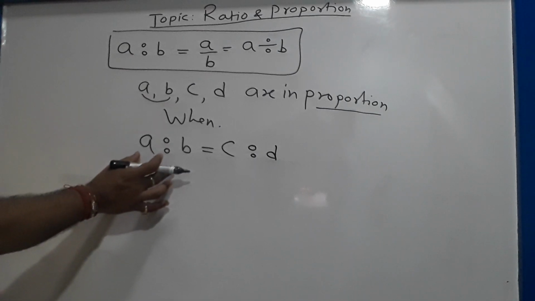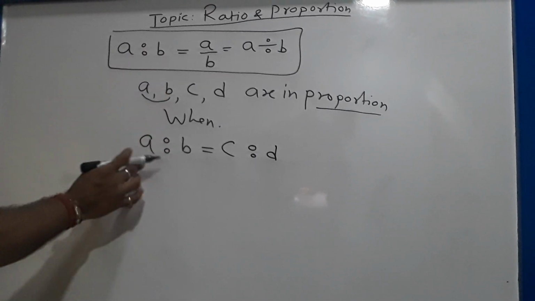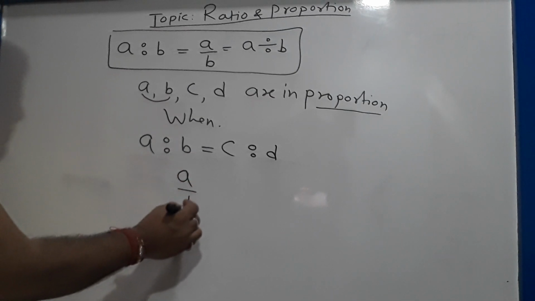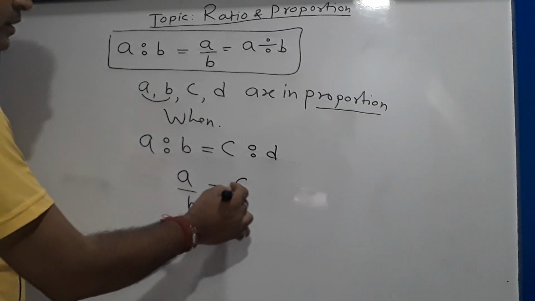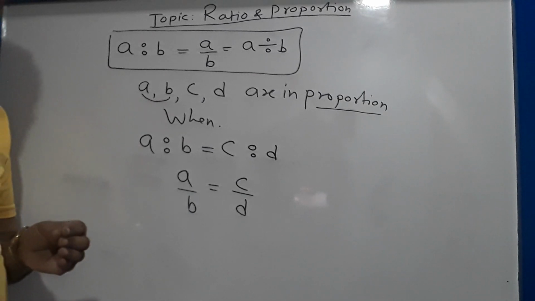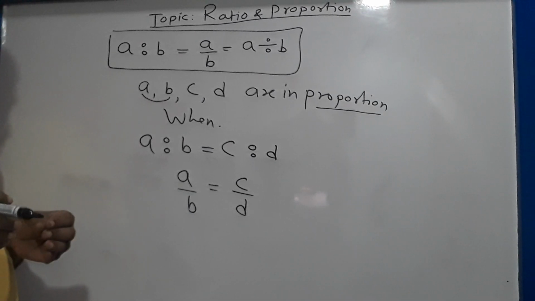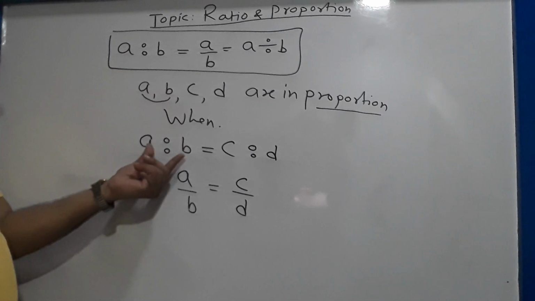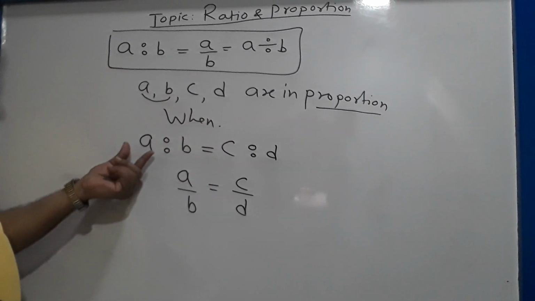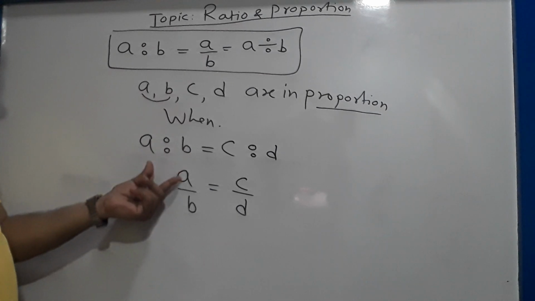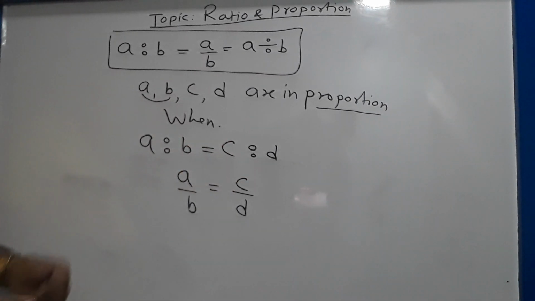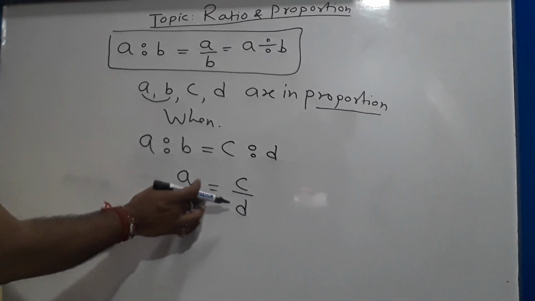Now go by the basic definition of ratio. A ratio B means A upon B. C ratio D means C upon D. So four numbers A, B, C, D are in proportion when A ratio B is equal to C ratio D. Now we have equality.